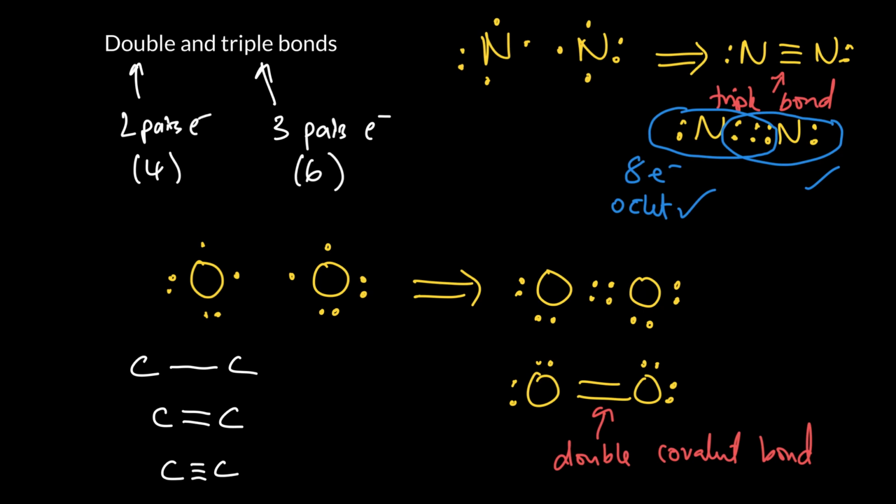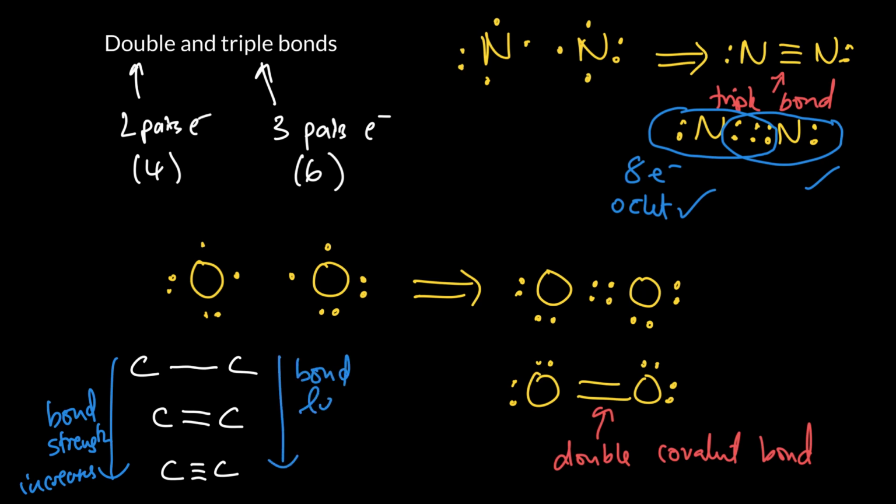So what we find is that in general, as we go from single to double to triple, the bond strength increases. And we also notice too that the bond length decreases. So the more tightly held together they are, the shorter the bonds are.